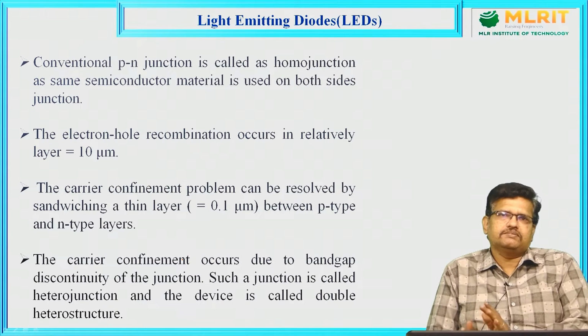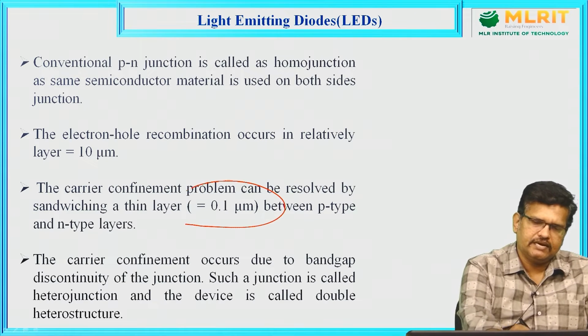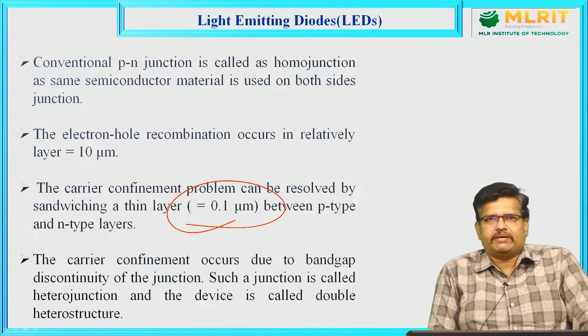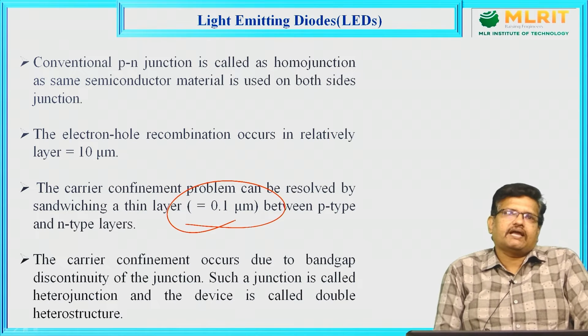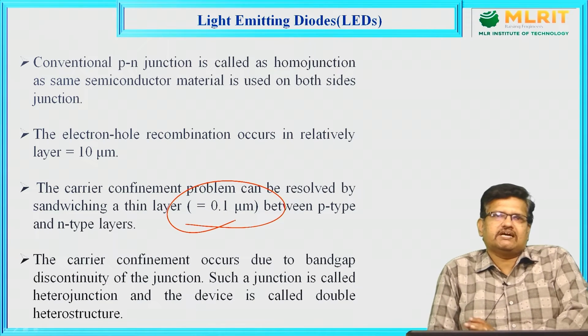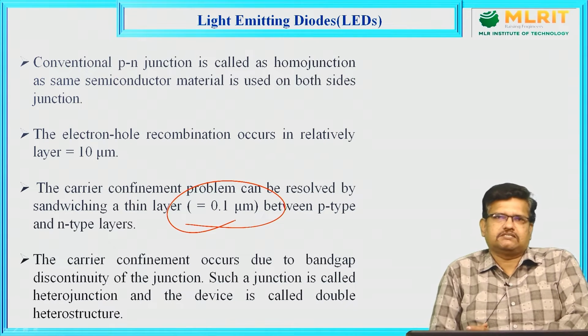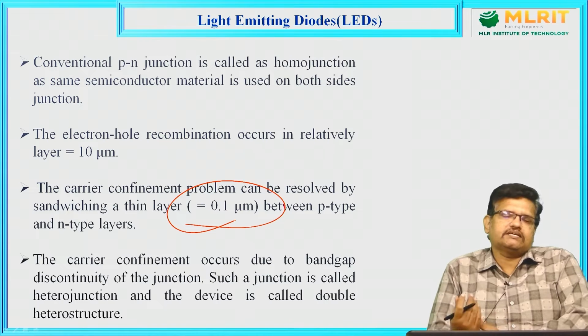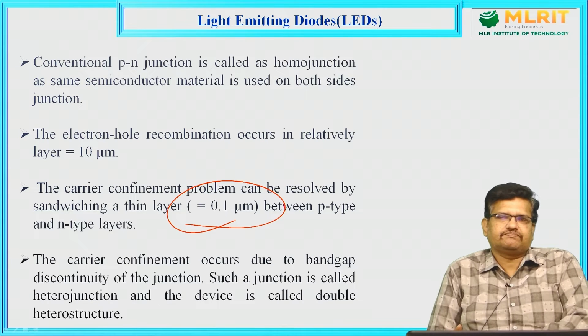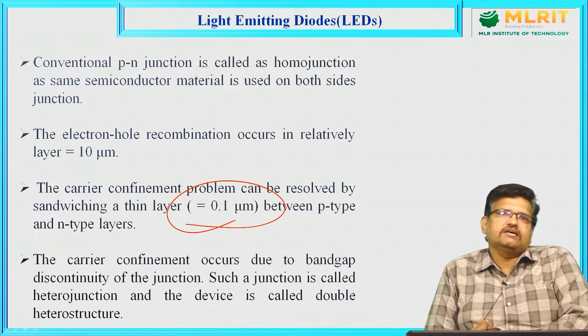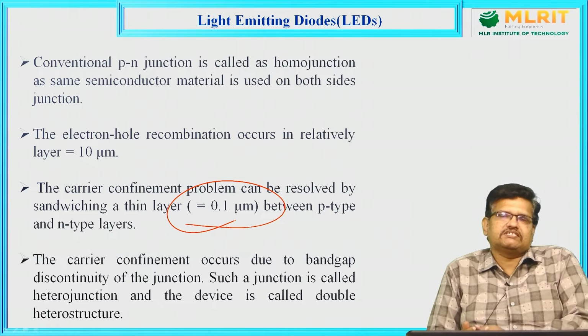If you sandwich between the P and N type layers, the layer distance is only 0.1 micrometer. The carrier confinement problem can be resolved by sandwiching a thin layer of 0.1 micrometer between the P and N type layers. This carrier confinement occurs due to the band gap discontinuity of the junctions. This is called a heterojunction and the device is called a double heterostructure.